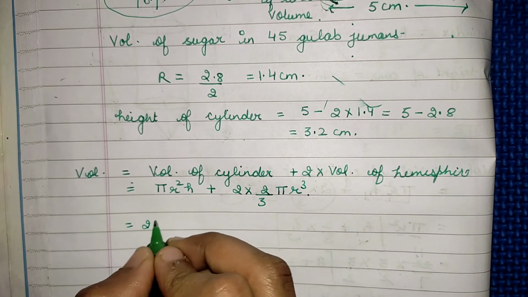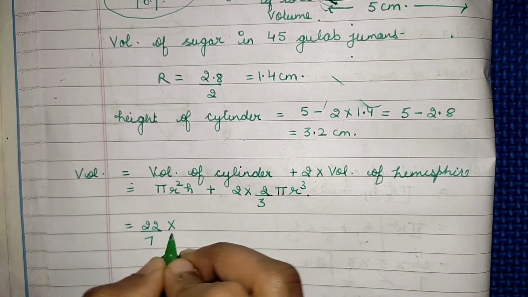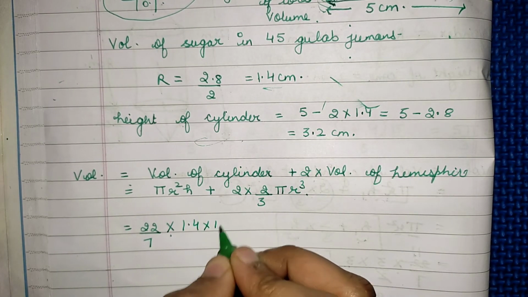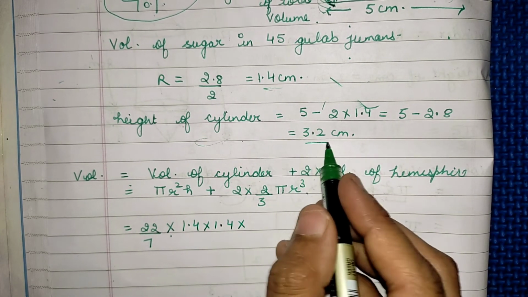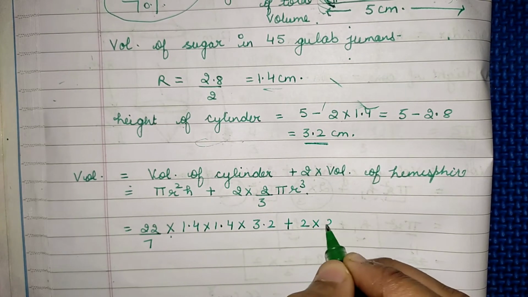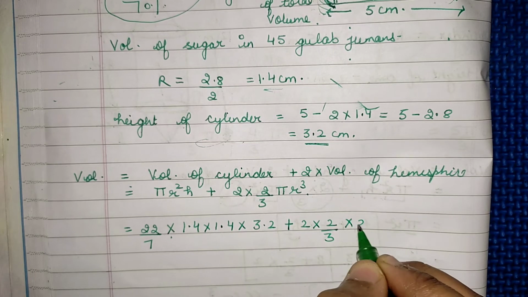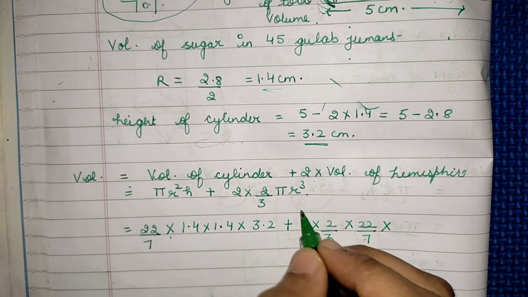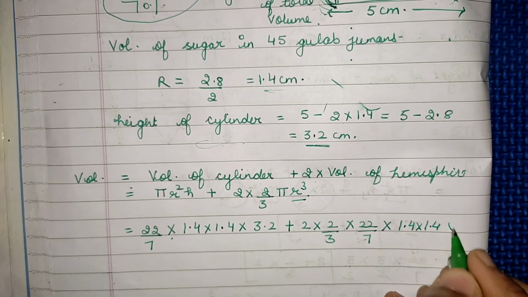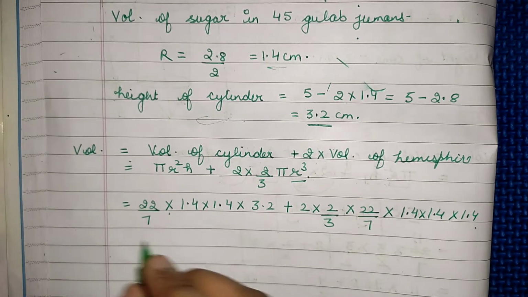So simply put all the values. 22 by 7 into radius, which is 1.4 into 1.4 into the height of cylinder 3.2, plus 2 into 2 by 3 into pi, which is 22 by 7, into again radius, 1.4 into 1.4 into 1.4.